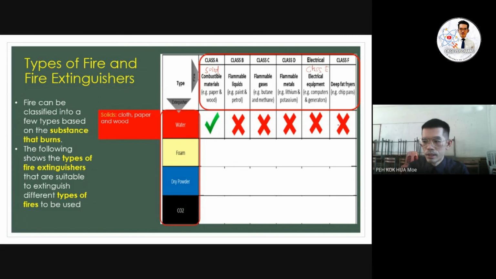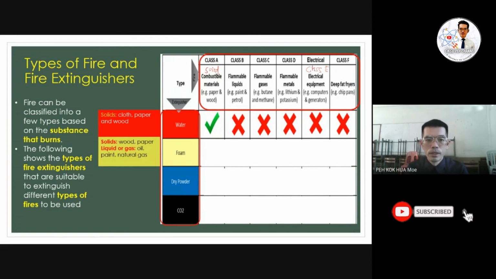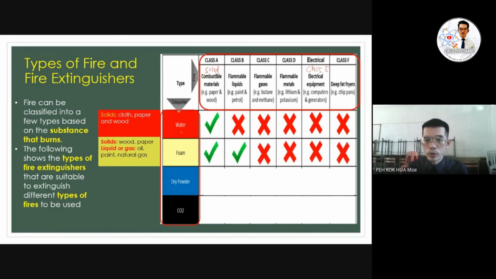The next will be the foam type of fire extinguisher, which as mentioned is able to put off solid, liquid, and gas types of fire. So here we have class A and B. The gas here does not include flammable gases. The next will be the dry powder type.